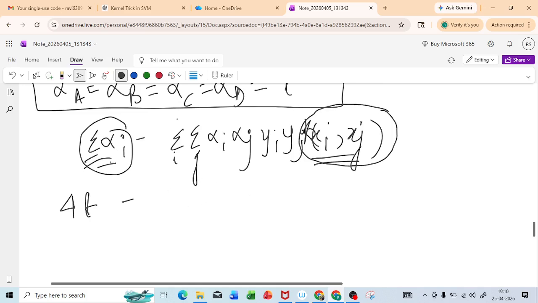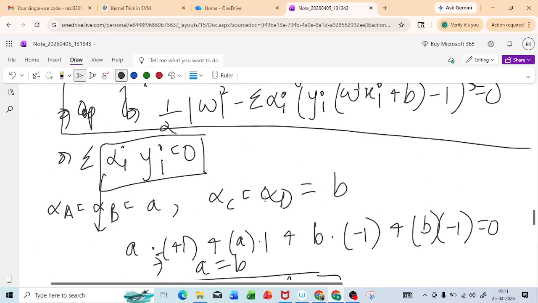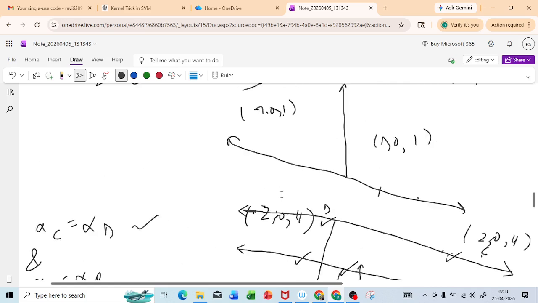Alpha i and alpha j are both the same, so we can write it as t squared. Let's take all those constants out. Alpha i, alpha j are all the same, so it is t squared, and then what we have is x i x j. Let's write it over here. The x i x j matrix was a lengthy term.